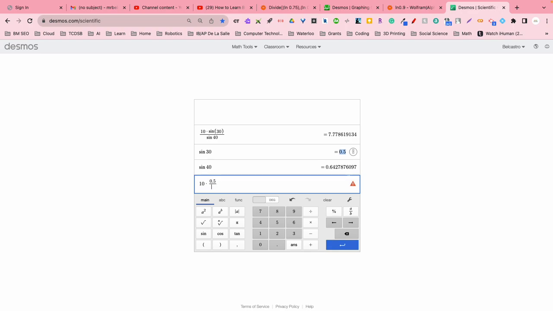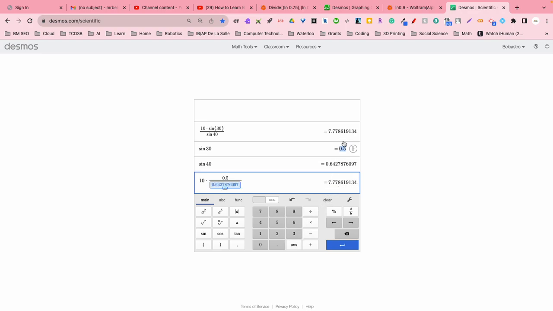Divided by. Technically, this still works. And then I could have pumped in this answer here, I think. There we go. And we got something pretty similar. In fact, it ends up being the exact same because I used an exact value here. But I would have never written this number to so many decimal places. I would have done some rounding and I would have been a little bit off. So it's nice if you can put this all into the calculator as one thing, and it will do the best job of not rounding before your final answer.